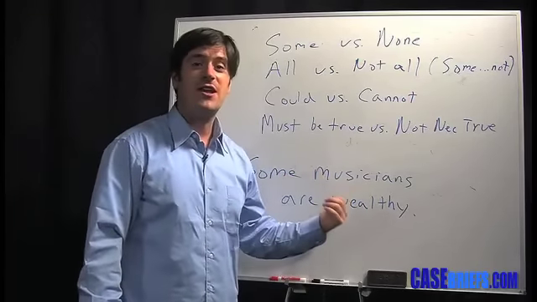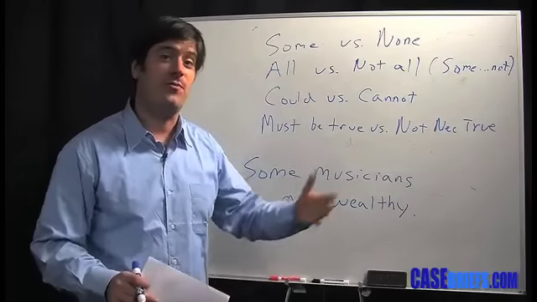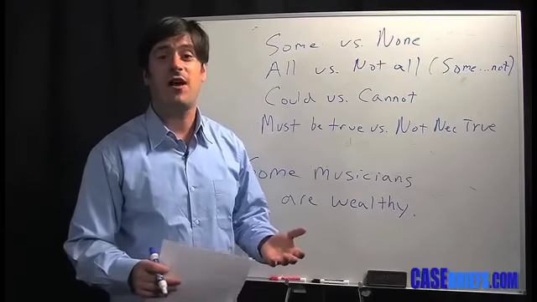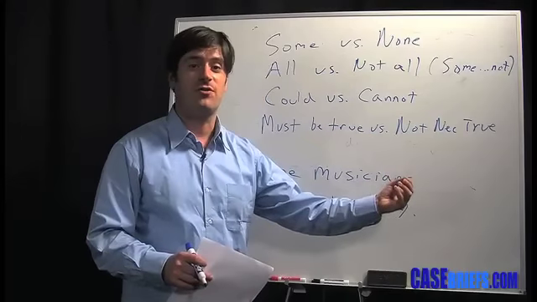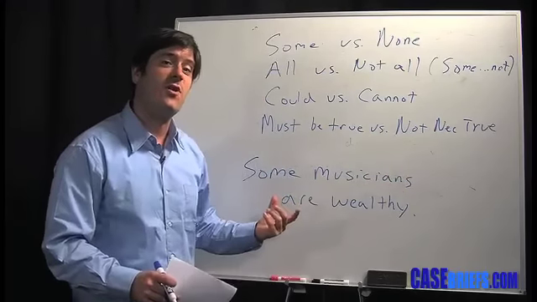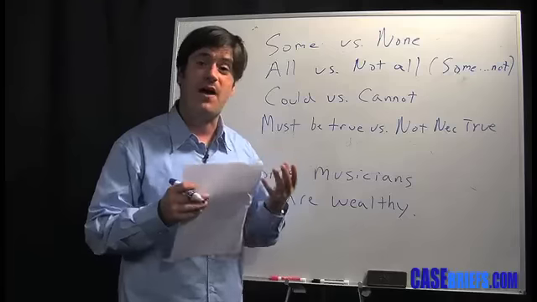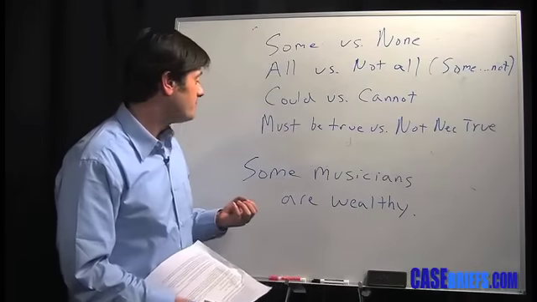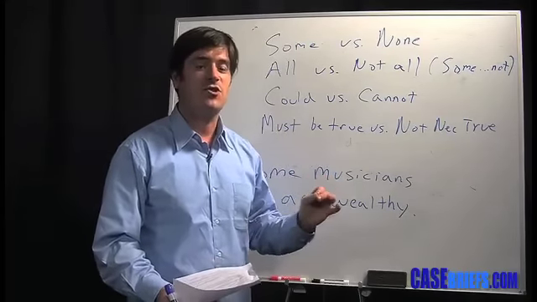That wouldn't contradict this original sentence because those two sentences are compatible. Some musicians are wealthy, some musicians are not wealthy. The first sentence doesn't imply the truth of the second. If some musicians are wealthy, we don't know if some of them are not. It's a possibility. But a negation should contradict the original sentence.